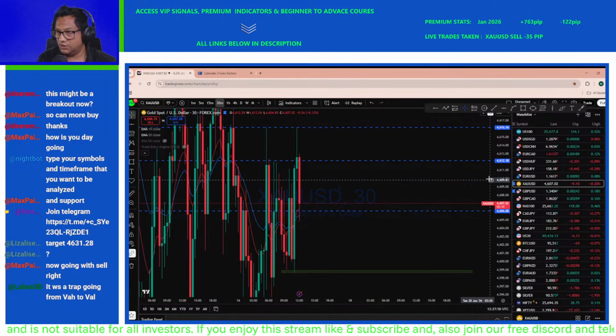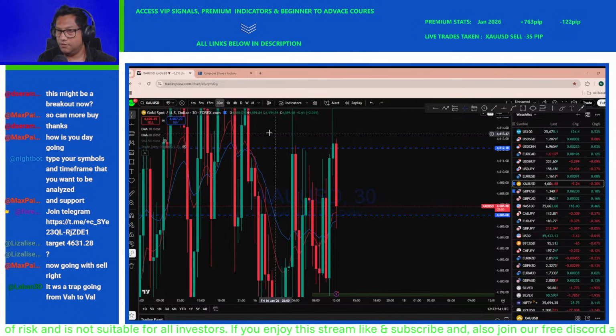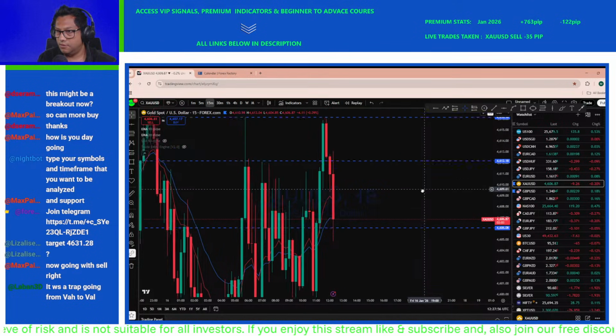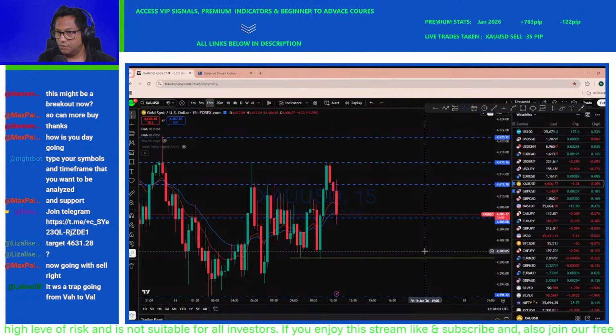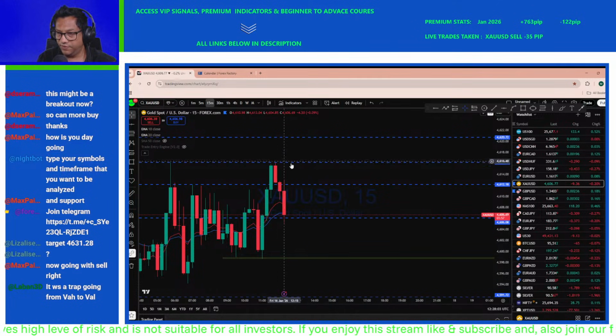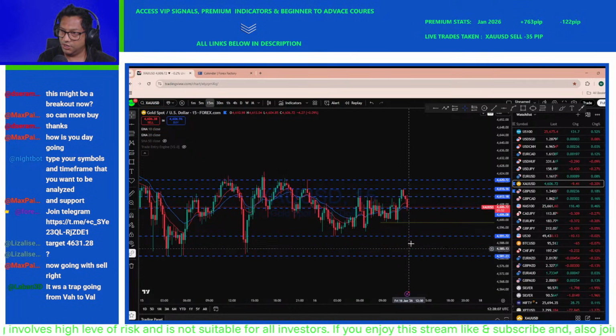there is a session opening coming, and this 15-minute candle is a bearish engulfer.